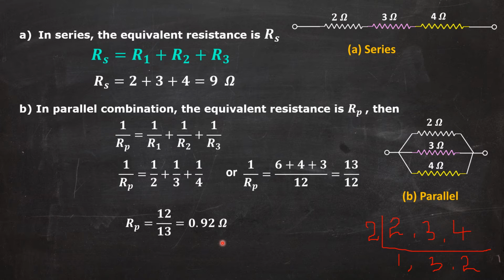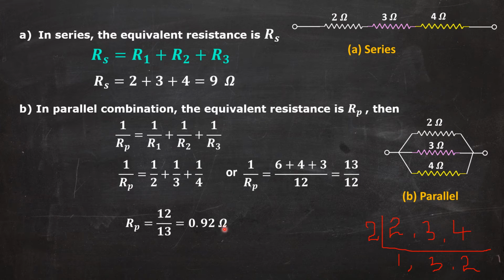And one interesting thing here you can observe, in the parallel connection, these three resistors are connected in parallel, and we got the resultant or equivalent resistance Rp value even less than the smallest resistance connected.